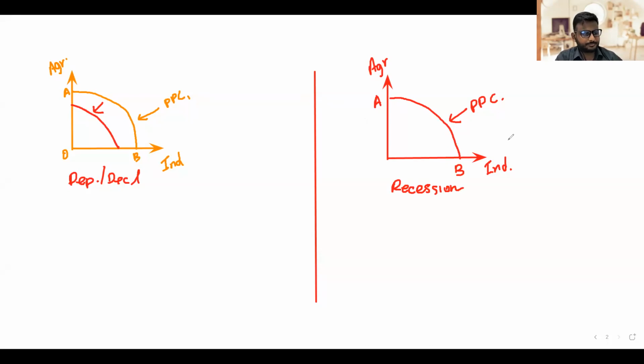Very good, Zainab. Right. So you have to mark a point on the PPC curve and say from the PPC you are shifting in. Or what's the other way to show recession? There's another way.